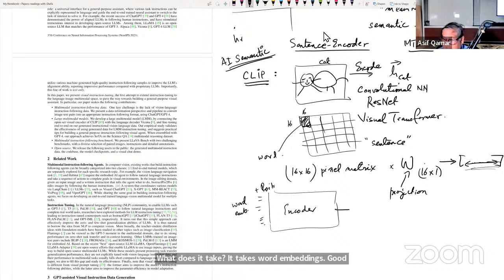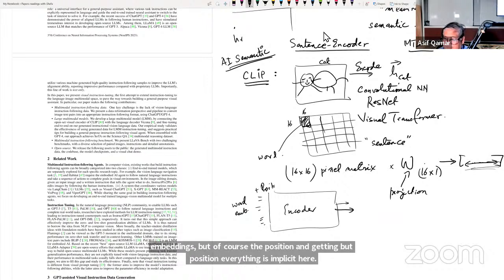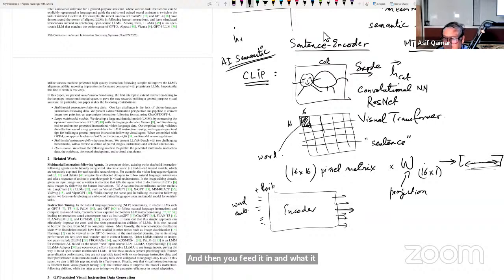And then you feed it in, and what it will produce is a lot of these hidden latents. And then one special latent that you take is the latent of the first token, the CLS token, and that you can consider as either the proxy or the representative vector for the entire image. You could do that. Or some people, in some alternative implementations, just mean pool it. They just take the average over all the latents.